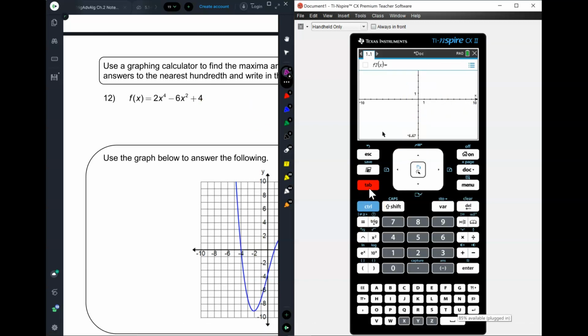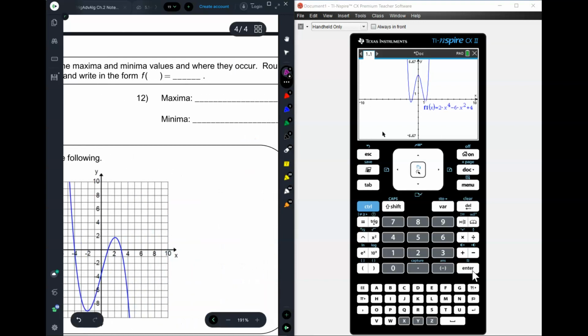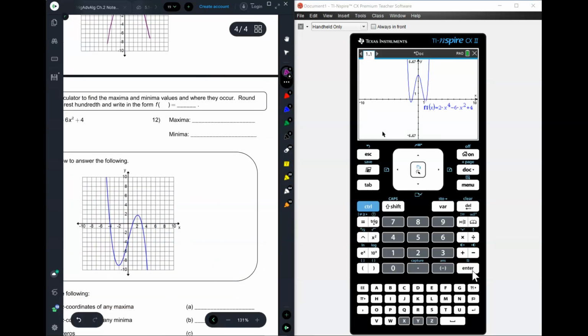Okay, do you guys remember how to graph? And what do we need? We need the maxima and minima. Okay.